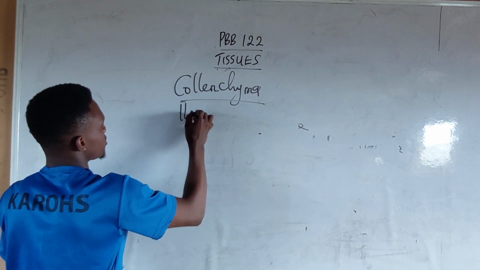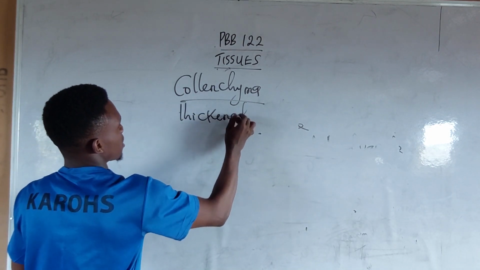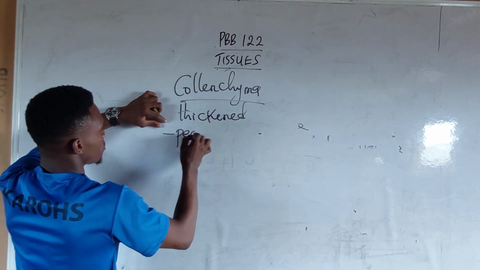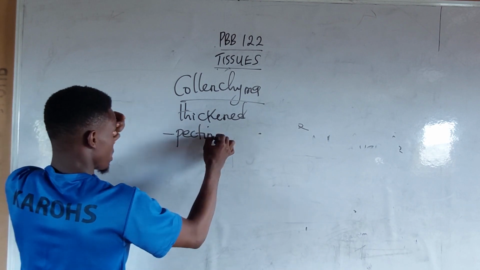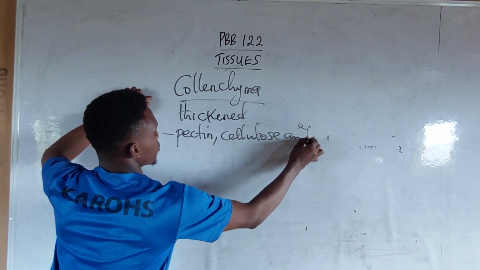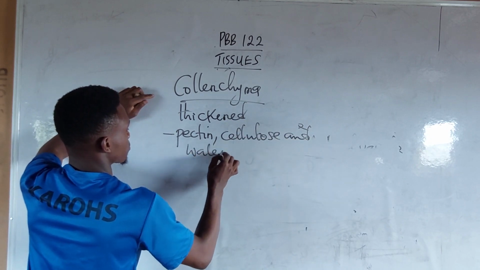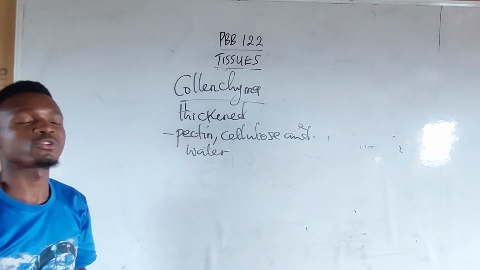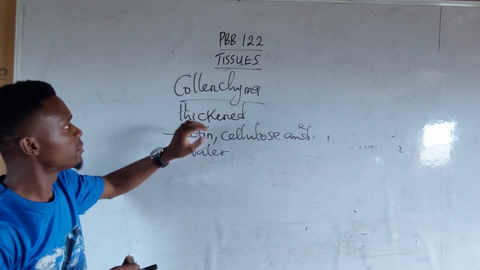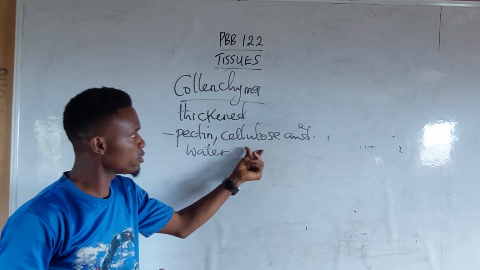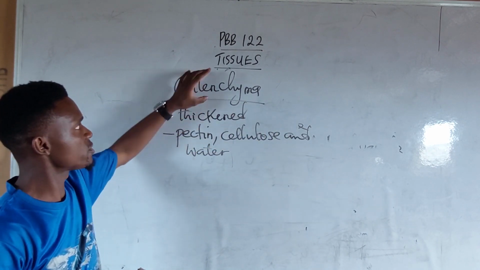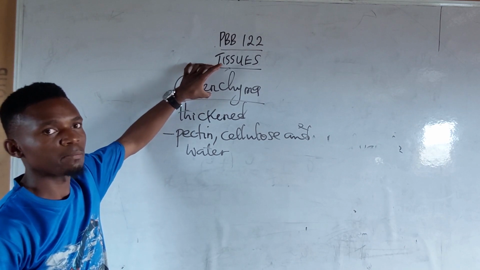They are thickened by three deposits, which are pectin, cellulose, and what? Water. Pectin, cellulose, and water are responsible for the thickness of the cells of the collenchyma.